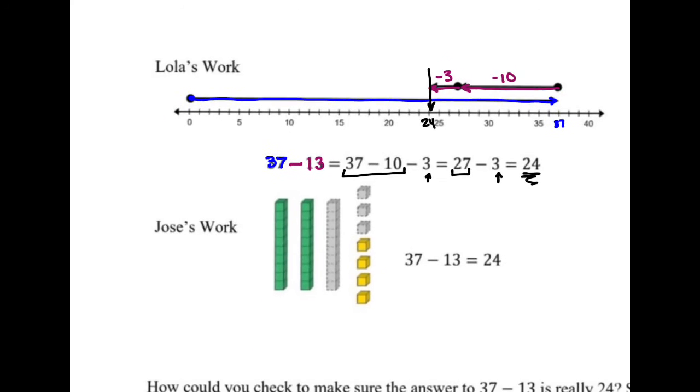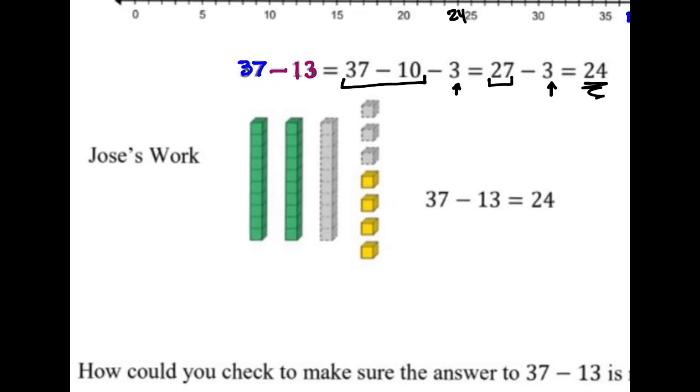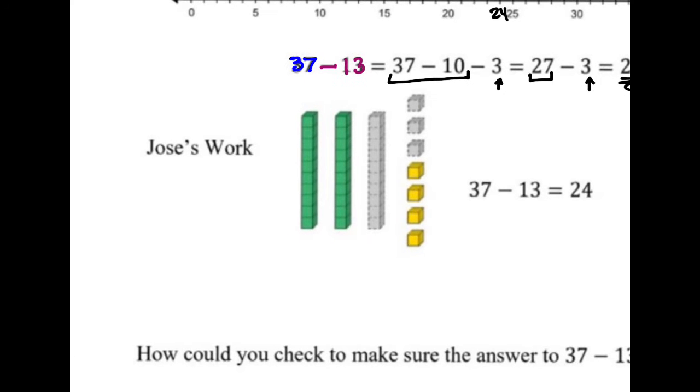Okay, so let's look at Jose's now since it's right here. Okay, so these are the base 10 blocks. So 37, so there's 10, 20, 30, and here's your 7 units. And you want to take away 13. So one of these rods is grayed out because he took it away.